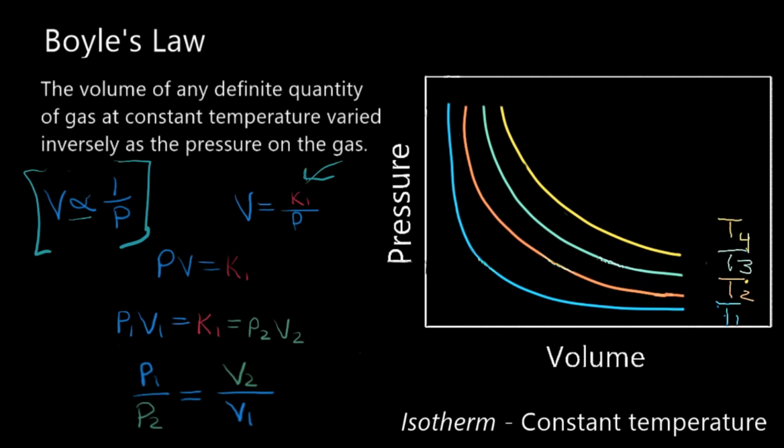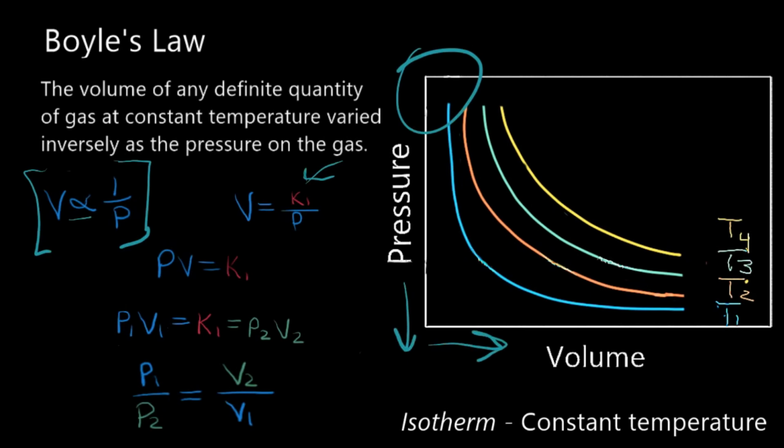So how are we going to get this constant to give us a nice exact relationship? Well, if you look at our graph here, you can see it's a graph of pressure against volume, and as our pressure decreases, our volume increases.